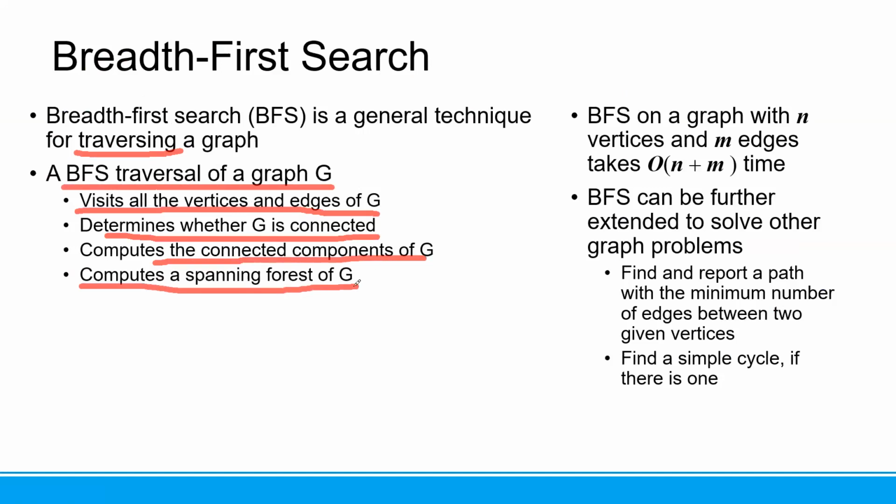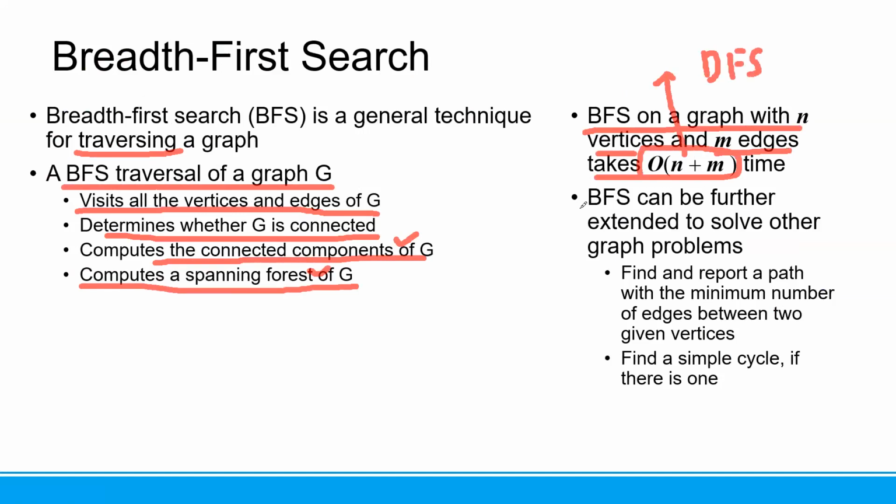So I hope you already understand the concept of connected component and spanning forest, and let's be sure. BFS on a graph with n vertices and m edges takes O(n + m). If you still remember, this performance is the same as DFS.